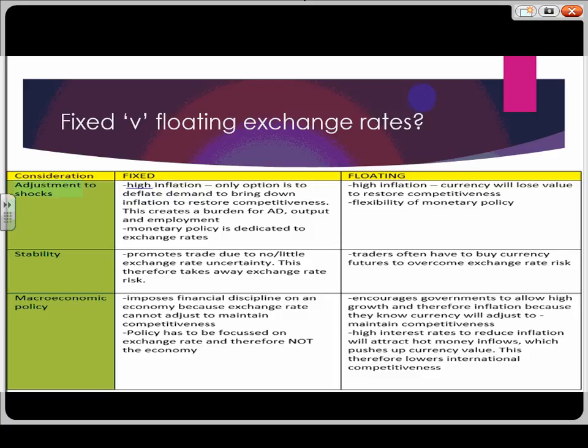Under a fixed exchange rate system, you lose control of monetary and fiscal policy. It's all designed, or monetary at least anyway, to maintain the fixed exchange rate. If you've got a recession, you can't lower interest rates. But under a floating exchange rate system, you can. So a floating one would give you more flexibility to deal with different shocks.